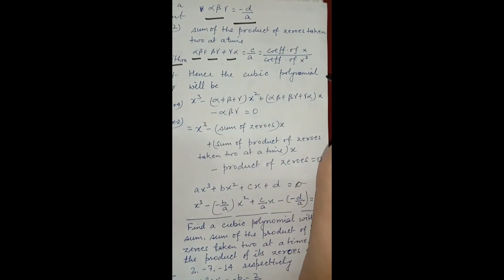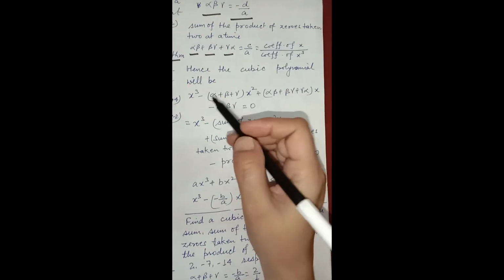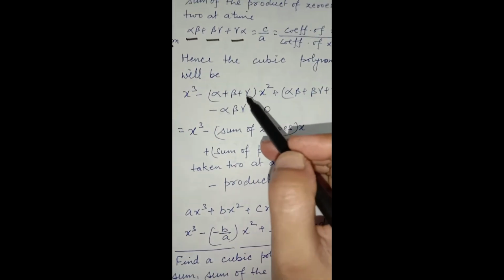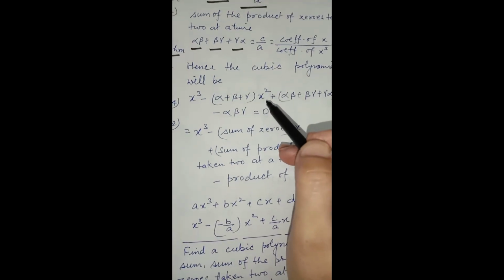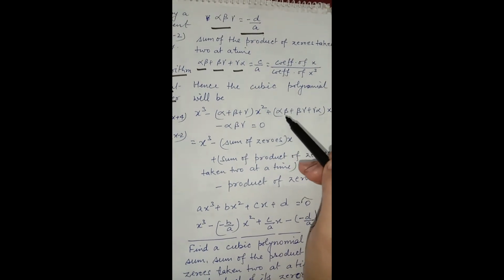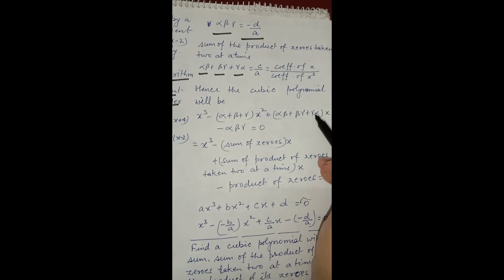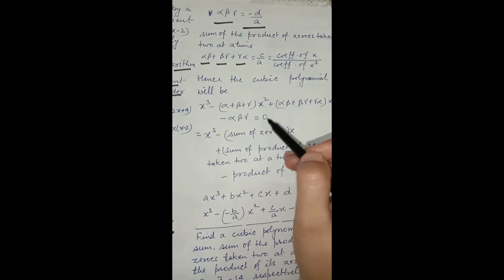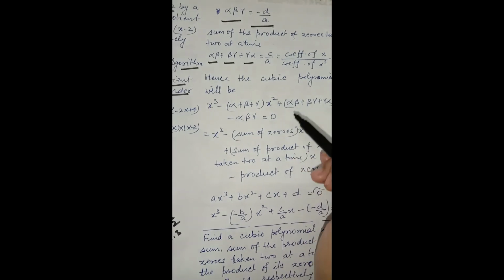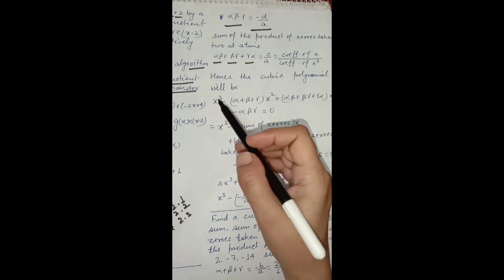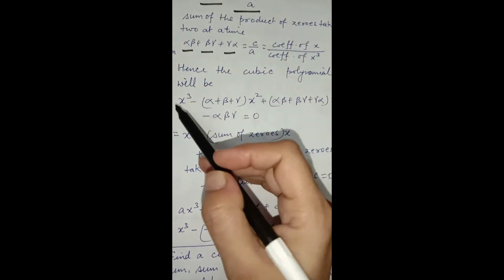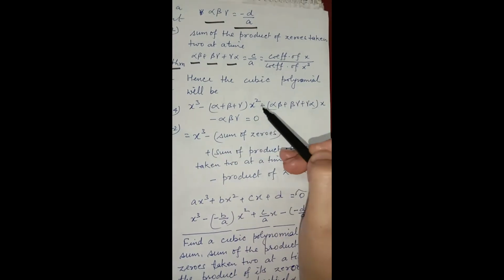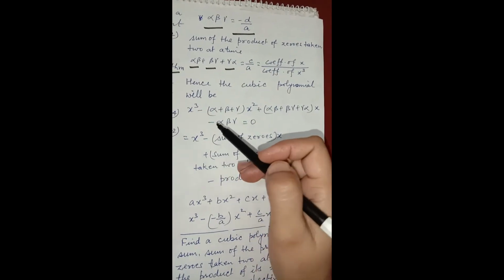Hence the cubic polynomial will be x cube minus (alpha plus beta plus gamma) into x square plus (alpha beta plus beta gamma plus gamma alpha) into x minus alpha beta gamma equals 0. Alternatively, note the positive and negative terms. The x cube term is plus, next is with minus sign, then again plus, then again minus.